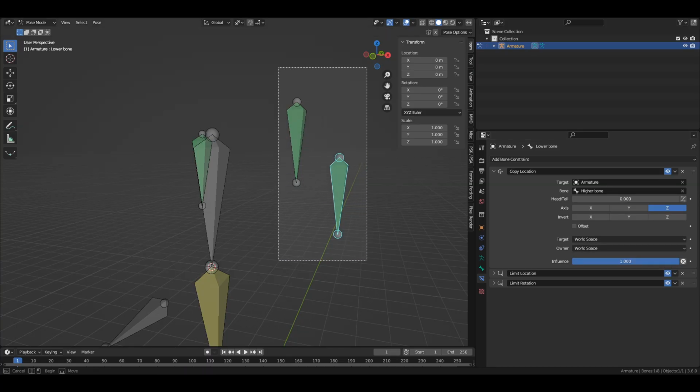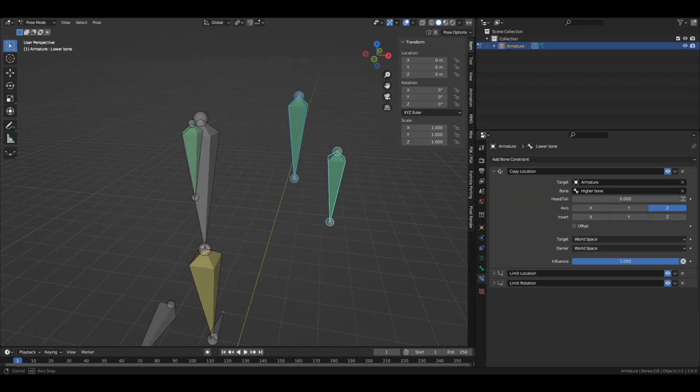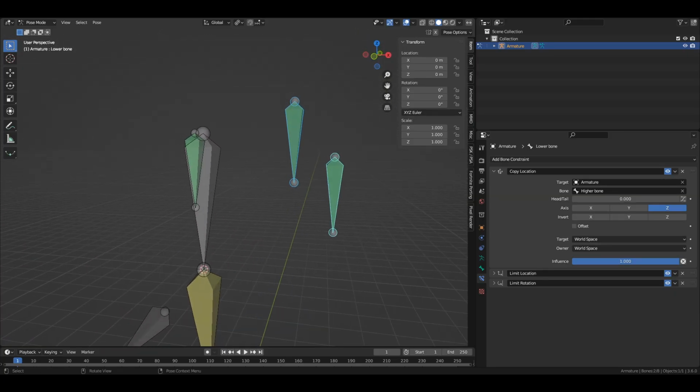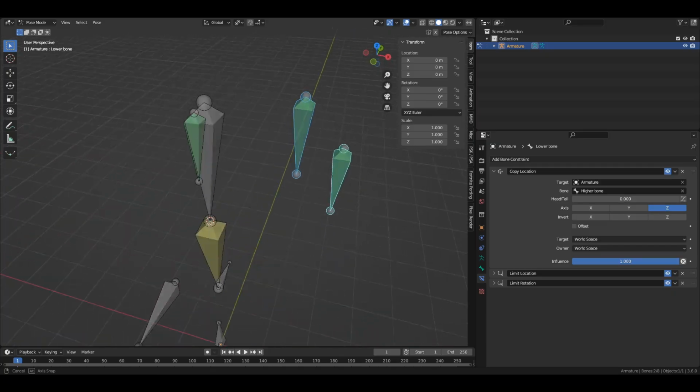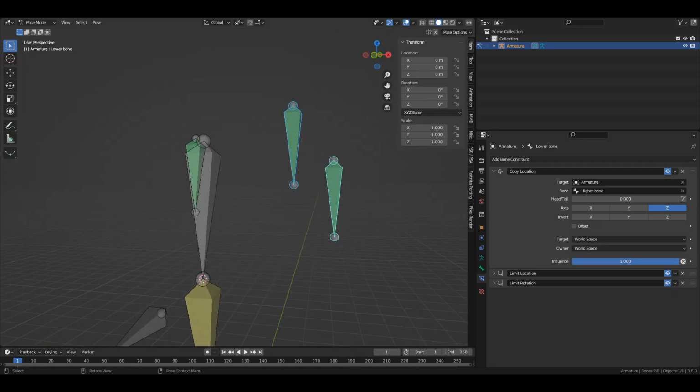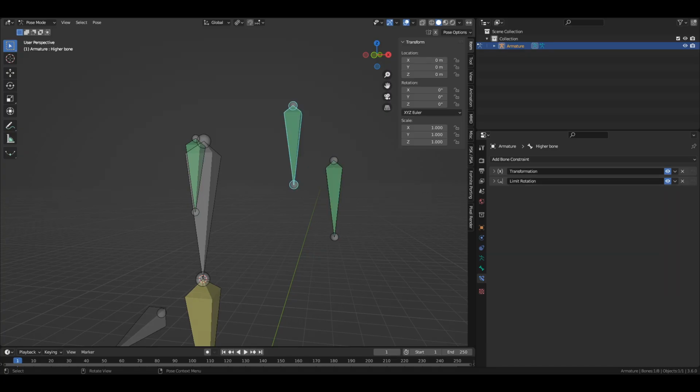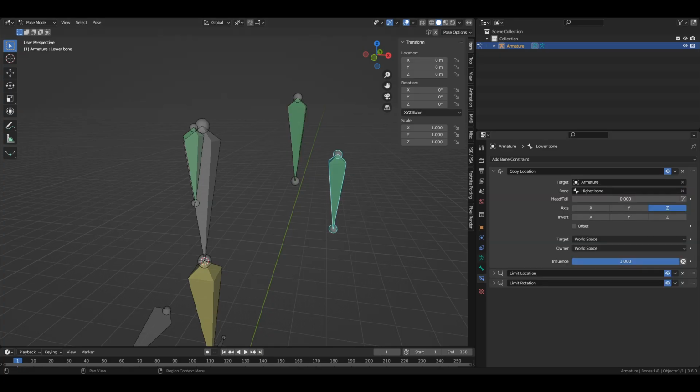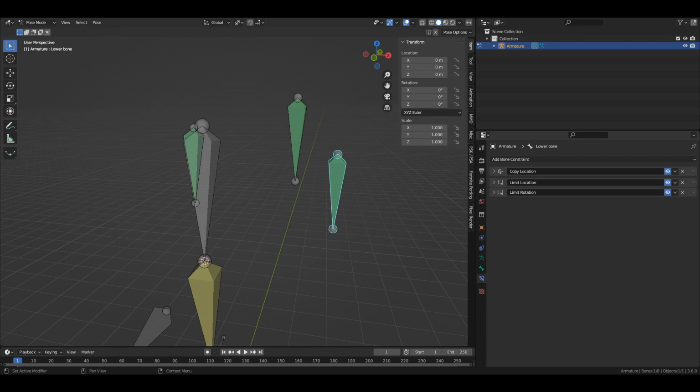And also these bones must not be parented to anything whatsoever, so these need to be floating here with nothing attached. Because if you attach something, then the behavior could be different and it would not project the correct result. So basically you need to put the world space on both target and owner in the copy location of the lower bone.